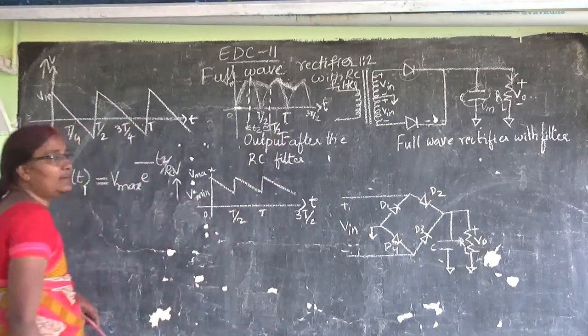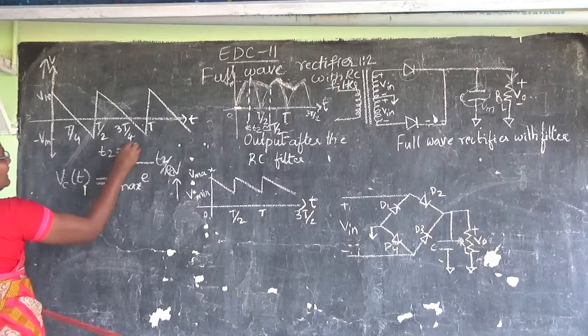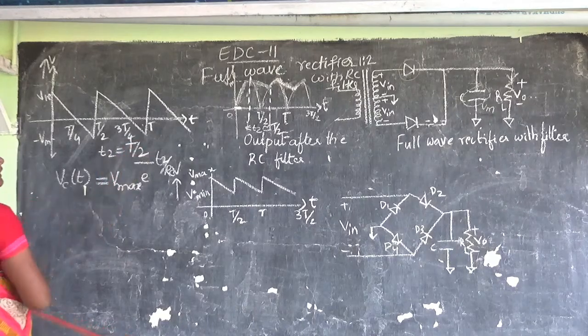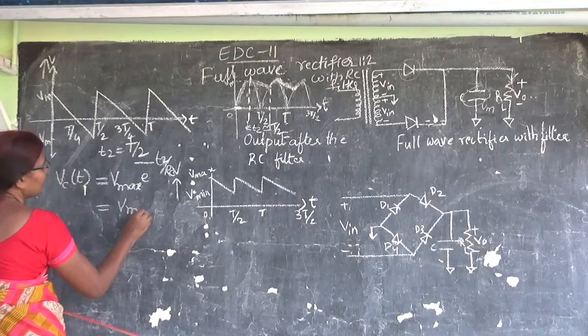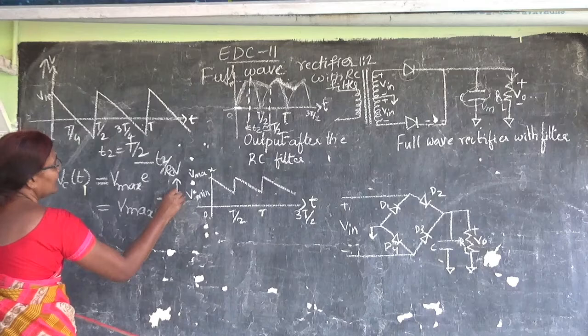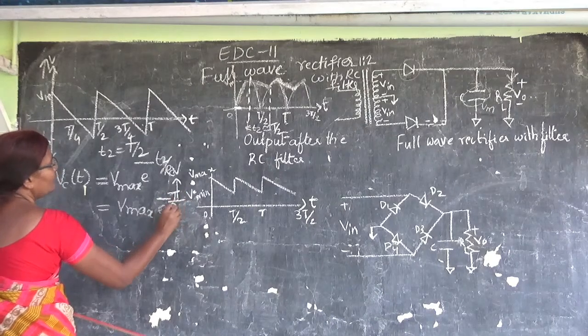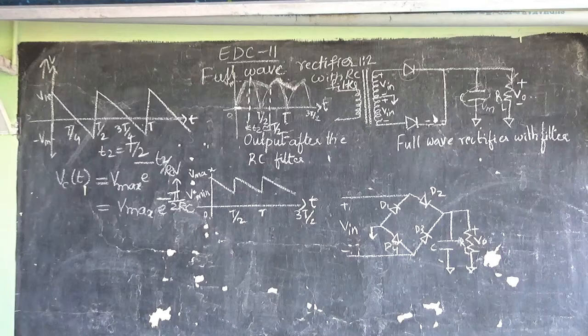So my T2 is going to be T by 2. Now this will be Vmax e to the power of minus T by 2RC.